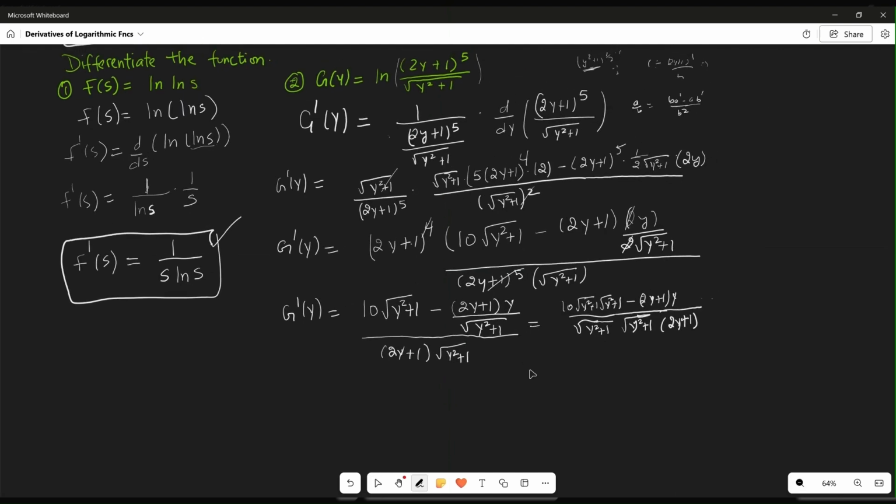So what is this equal to? Y square plus 1, this times square means it simply cancels out, right?